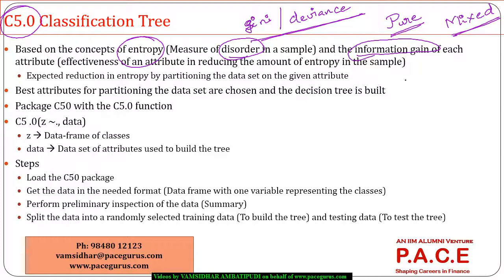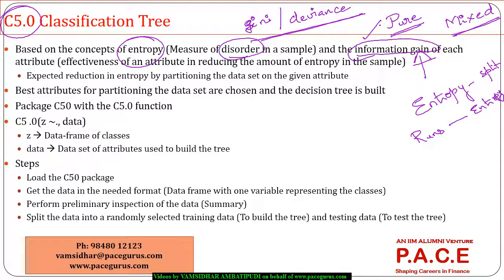And by doing a split, what is the extent to which the entropy has come down, which is what is called as information gain. So initially the entropy is computed without the split, and based on one particular split, let's say based on the runs I'm doing a split. After doing the split, to what extent the entropy has actually come down. The extent to which entropy has come down is an indication of information gain.